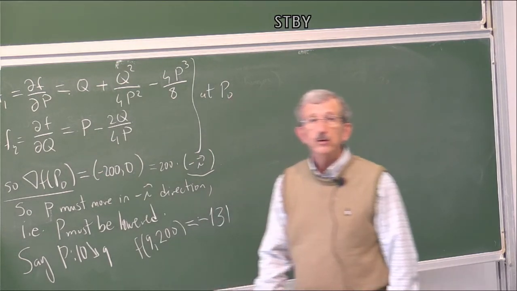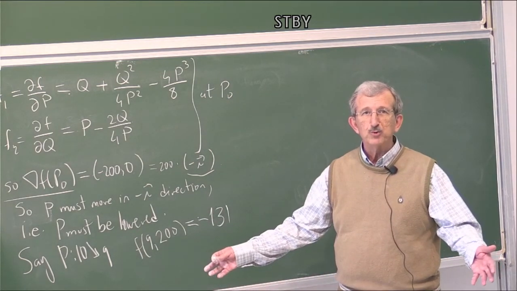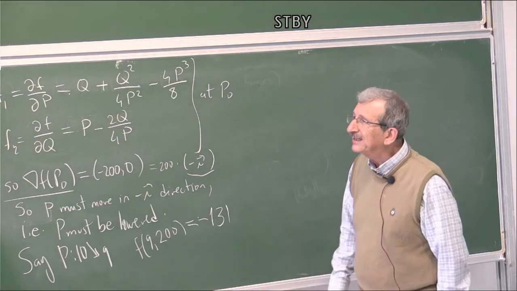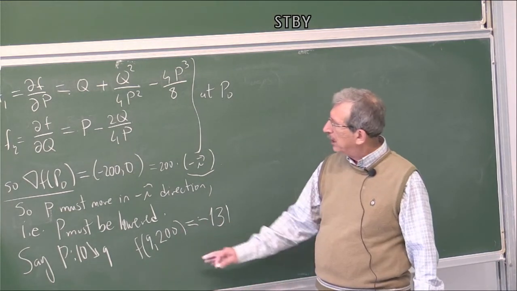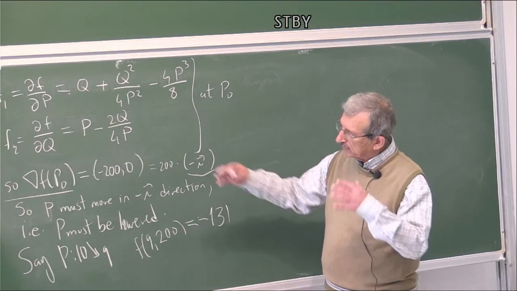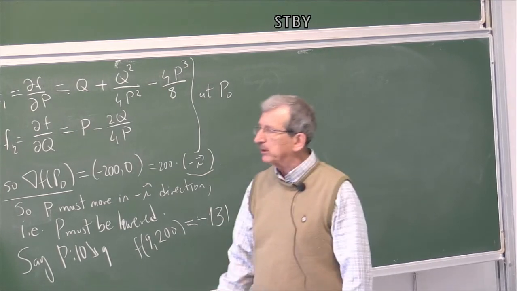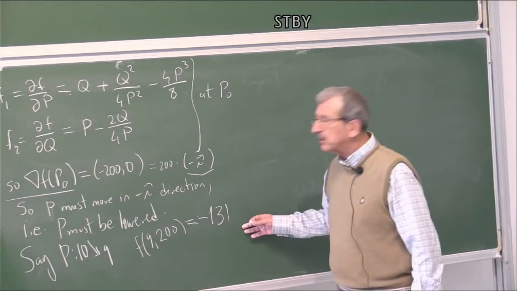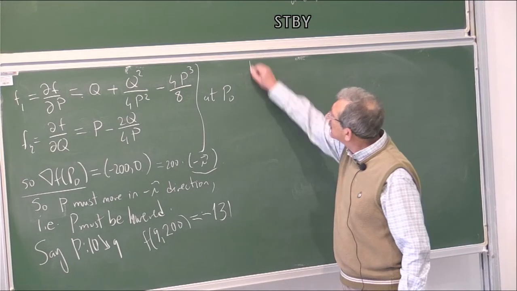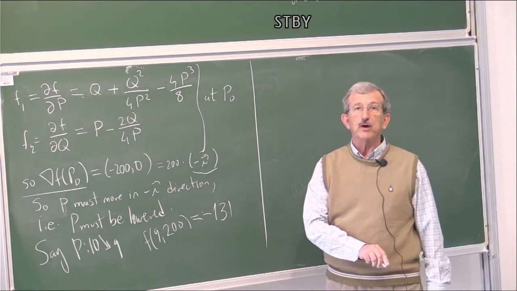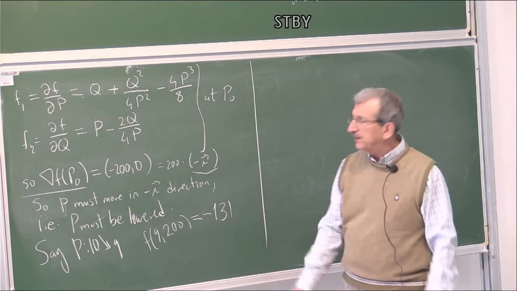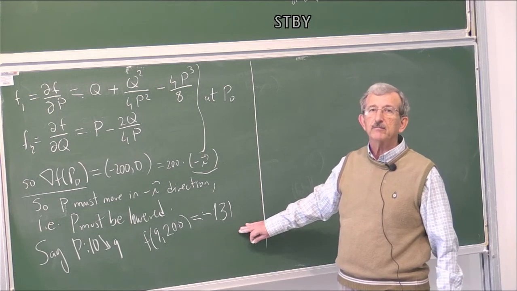So you decreased your cost, and your profit increased from minus 250 to minus 131. This is still not good, of course. Your company loses money, but this is the first step you must take.